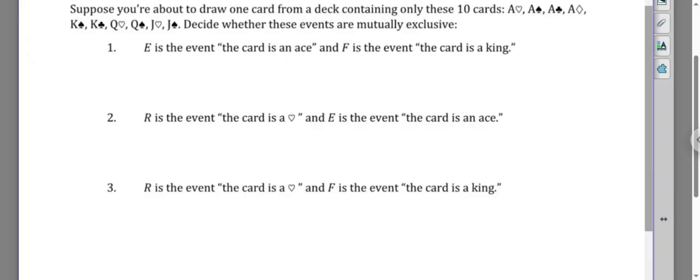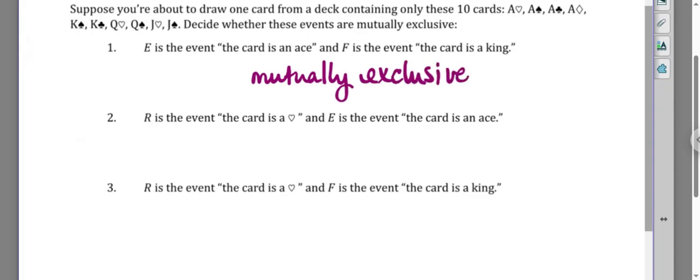So on number 1, is it possible to have a card that is an ace and a king at the same time? No. So that would be mutually exclusive. Question 2, is it possible to have a card out of those 10 that is an ace and a heart at the same time?